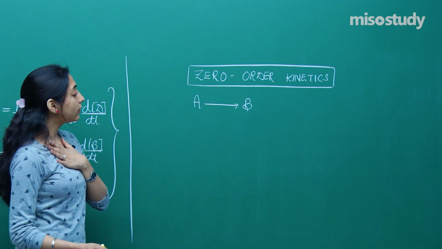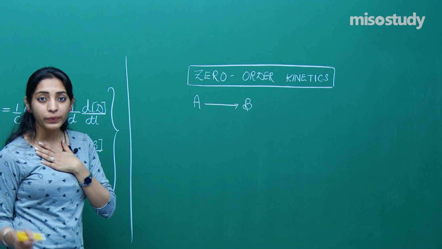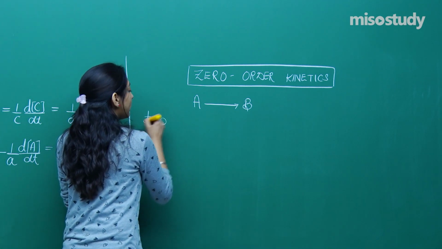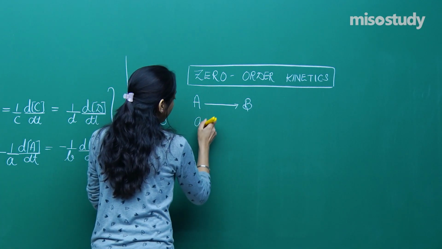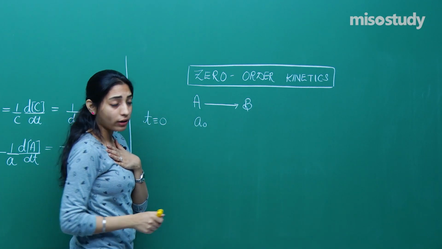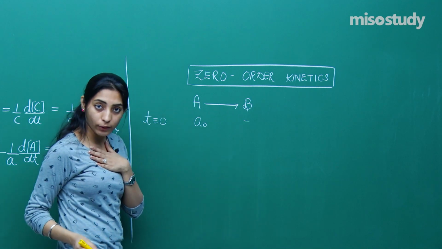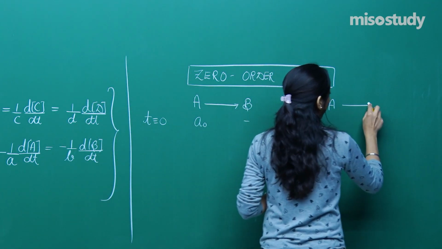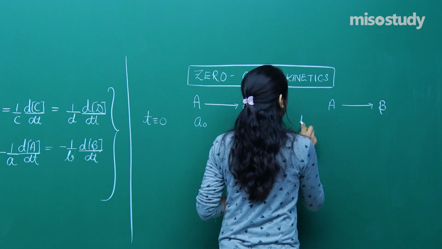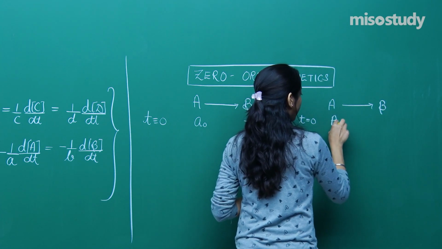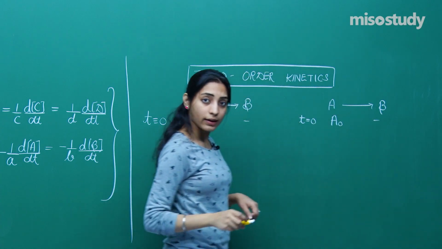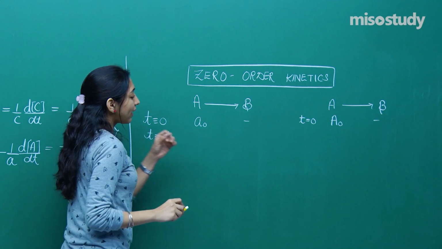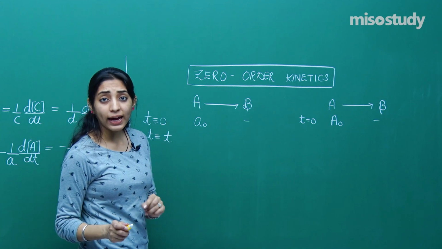First you need to write the reaction: A is going to form B. The second step is to say, when time t is equal to 0, let us say the concentration of A is A naught and B is nothing. At time t is equal to T, let us say X moles of A have reacted.